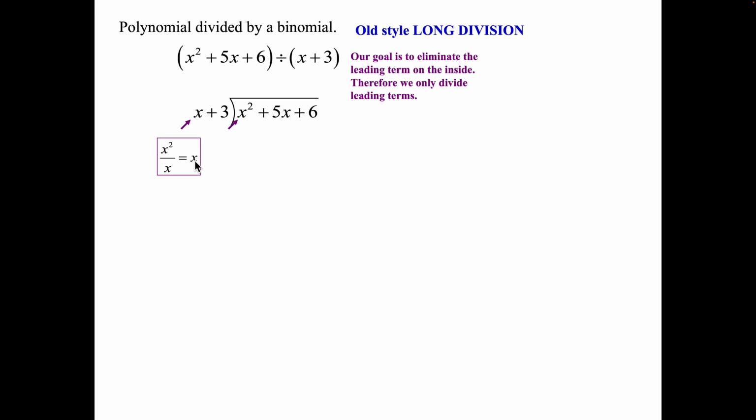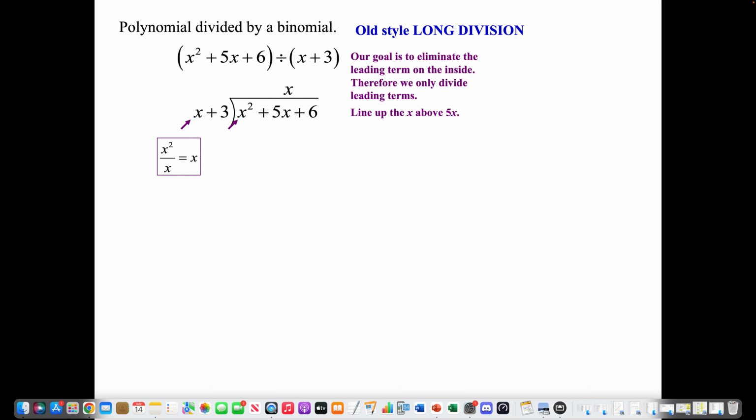Now this x is x to the first. We are going to line that up above the 5x. Okay? Everybody agree with that? Well, now, just like we put our number 5 out on top, we had to multiply it to everything in the front.